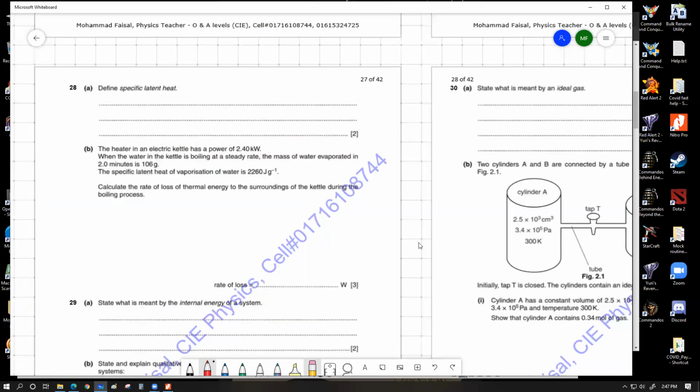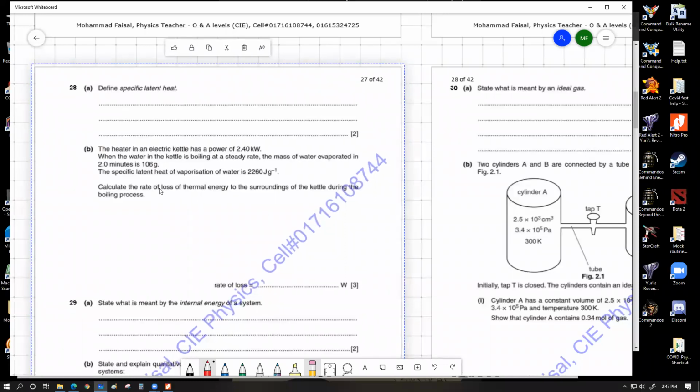আচ্ছা, এরপর আমাদের আছে হচ্ছে 28. কেউ করছে এই পর্যন্ত? না করলে 28টা ট্রাই করো। I would like all of you to try this problem. This is a problem where we mathematically find out the amount of heat loss to the surrounding.